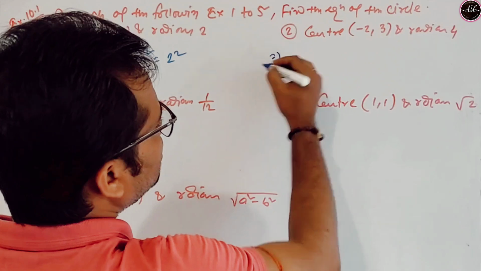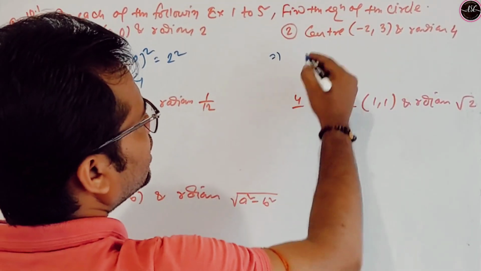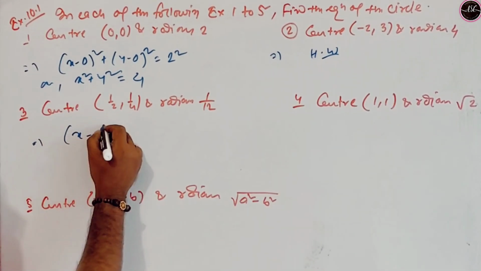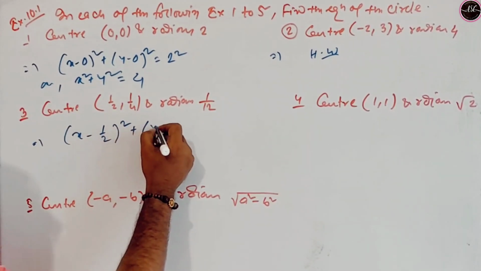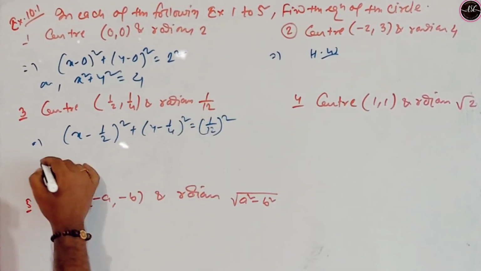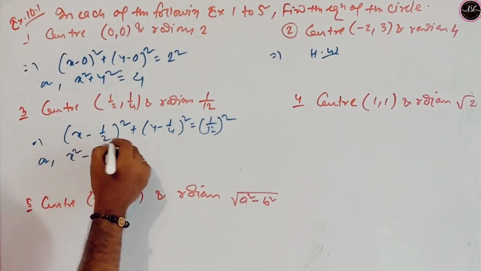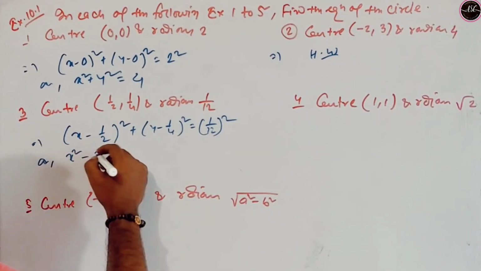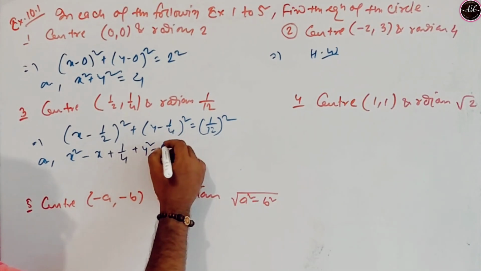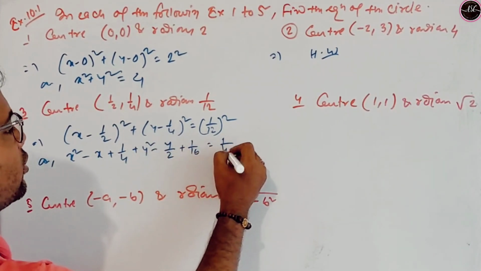And for this similar one, just put the center and radius. This is your homework. Okay, and this is also the same: (x minus 1/2) whole square plus (y minus 1/4) whole square equal to (1/12) whole square. Okay, or x square minus x plus 1/4 plus y square minus y/2 plus 1/16 equal to 1/144.